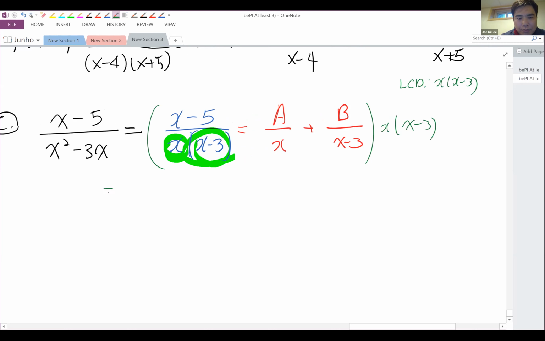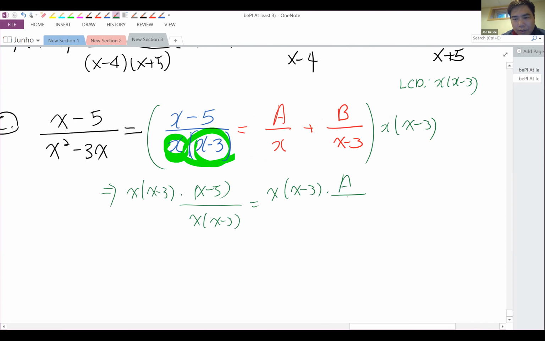Then this becomes (x minus 3) times (x minus 5) over (x minus 3) equal to (x minus 3) times a over x, plus (x minus 3) times b over (x minus 3). Okay.